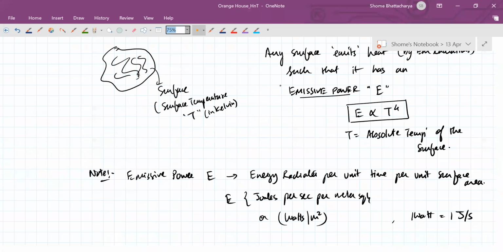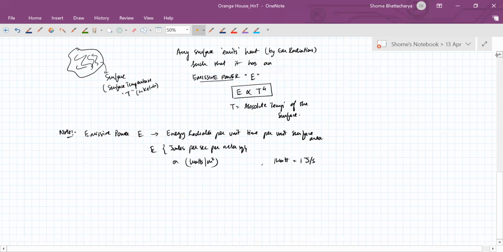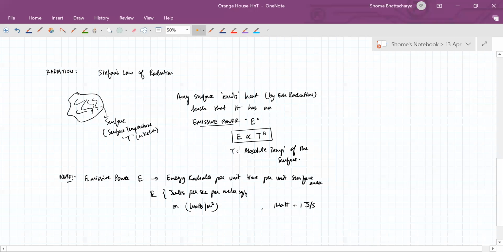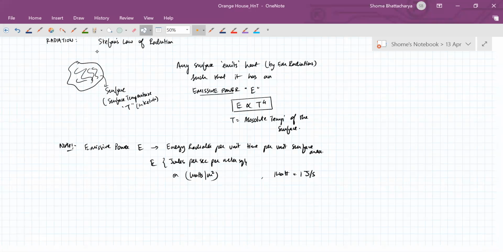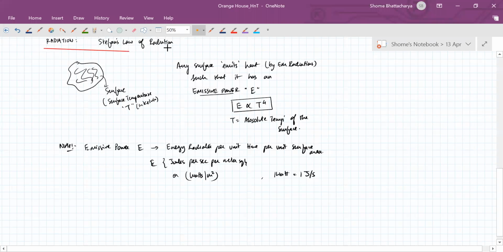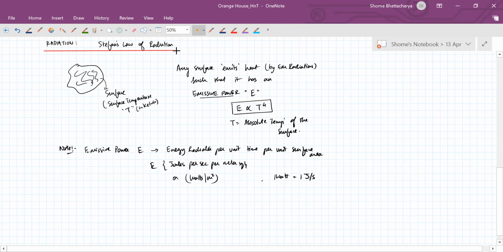So this is the first thing that we need to know about radiation. It is Stefan's law, sometimes also called Stefan-Boltzmann law. This is what is called an empirical law.